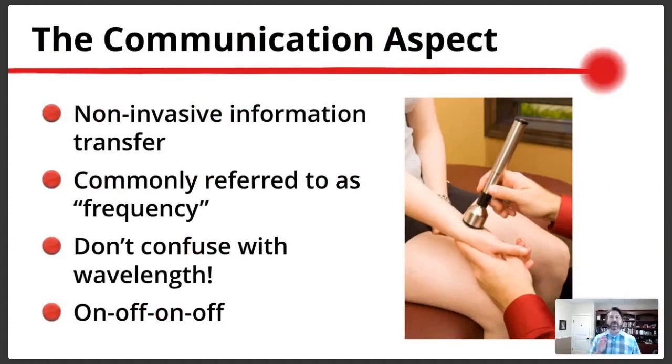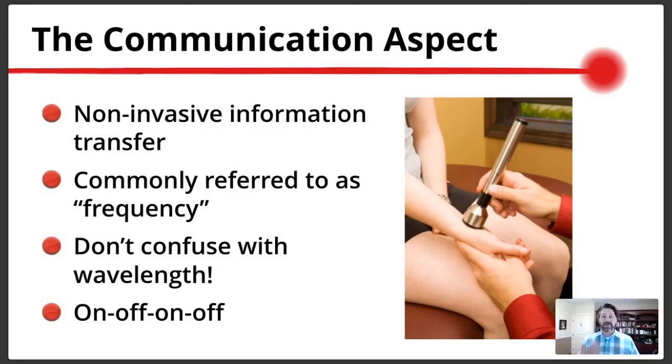So the cool thing about using light for information is that when you inject light into the body, when you actually deposit the energy into each and every cell, if you encode information in that light, you're also communicating information, and you're doing it in a non-invasive way. It's wonderful when you can actually get down to the cellular level without having to do something invasive, for example, piercing with an acupuncture needle.